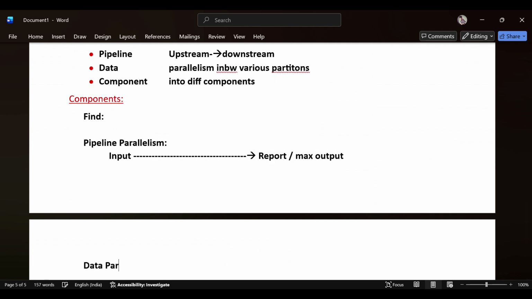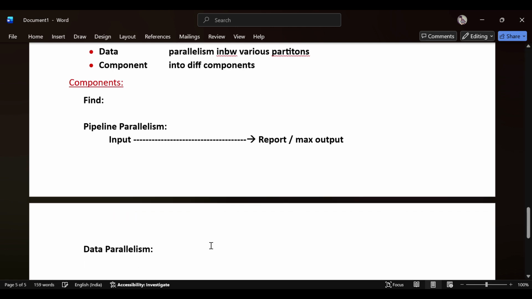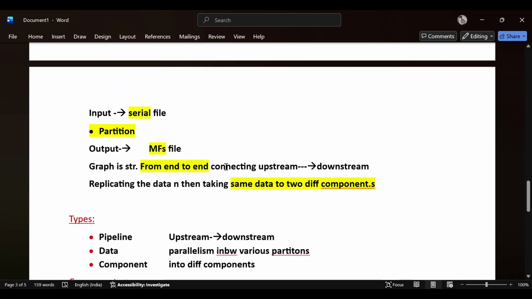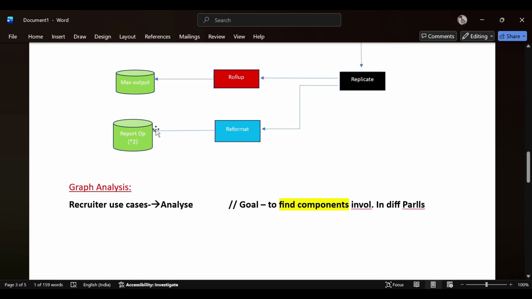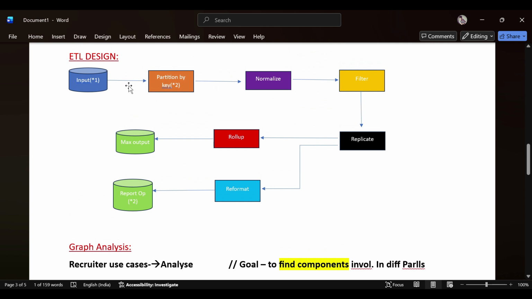And another thing is data parallelism. Data parallelism is about various partitions, right? So where do you see the partition happening? Input, after that partition. After that the flows are going here and creating this.